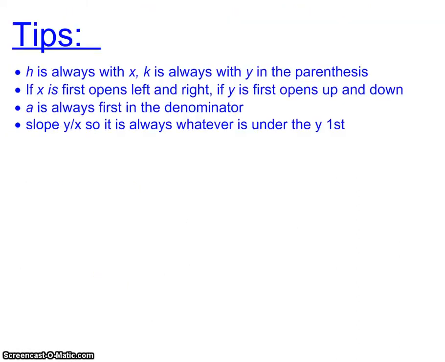Oh, I'm sorry, before we graph, a couple of tips. I talked about this last week when we were talking about ellipses and circles. h and x will always be together, so x minus h, as you've seen in all our equations, x minus h squared plus y will always be with k.